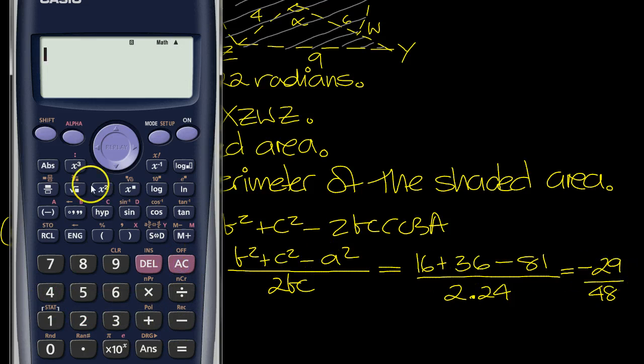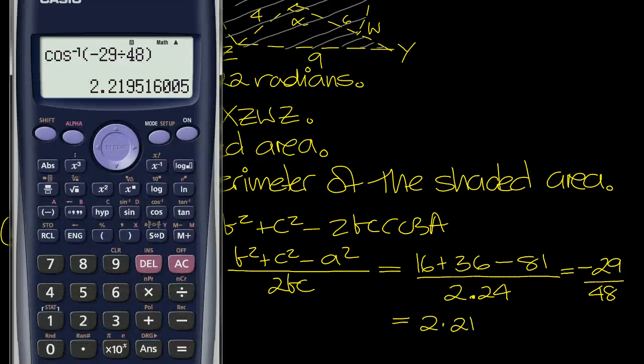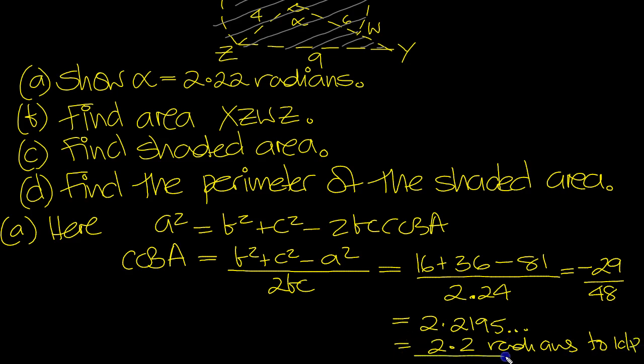So in radians mode, shift cos of minus 29 divided by 48, close brackets, equals 2.2195 radians, which equals 2.2 radians to one decimal place. Okay, that's part A then.